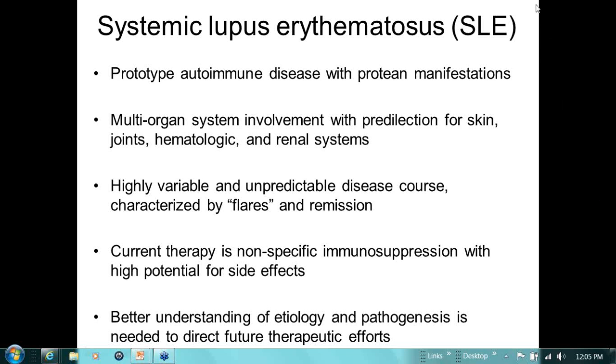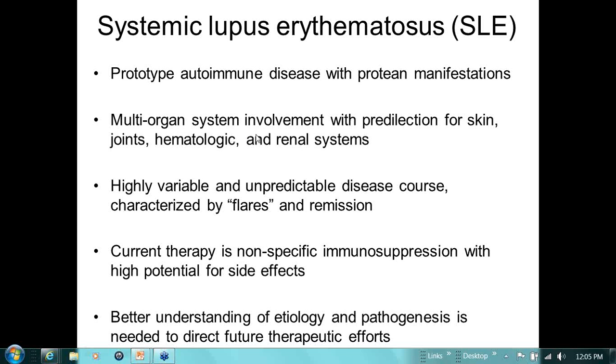And so this also makes it somewhat challenging to treat and to use the right amount of medication at the right time. As many of you know who either have been affected by lupus yourself or treat patients with lupus, the current state-of-the-art therapy is suppressing the immune system, and so we'd love to get more specific medications, maybe ones that could really get to the heart of the condition a little bit better, because many of the things that we currently use bring down the activity of the immune system in a fairly broad or nonspecific way.